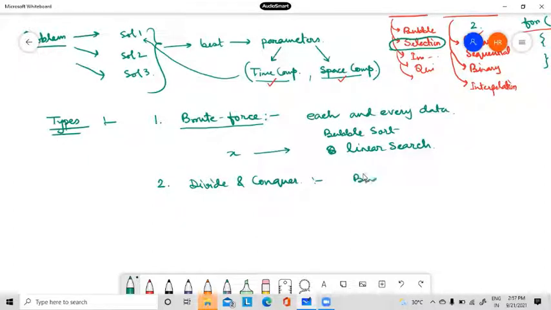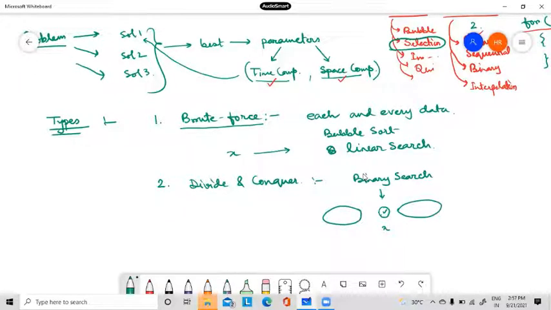If you have heard of or know binary search, then you know that in binary search, first we compare with the middle element. If my element X is greater than this middle element, I will go to this side. If my element is less than this middle element, I will go to the other side.